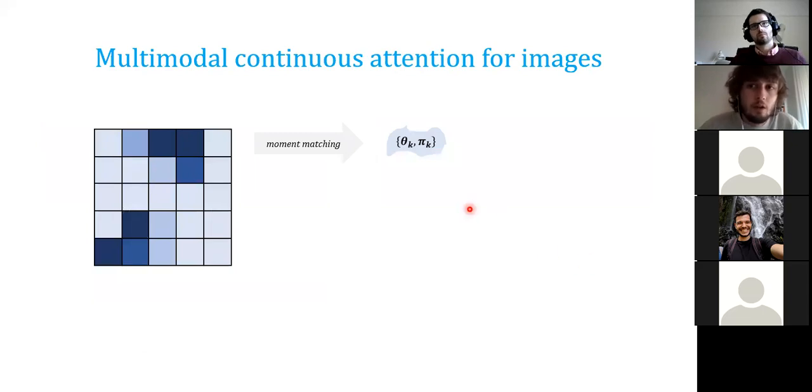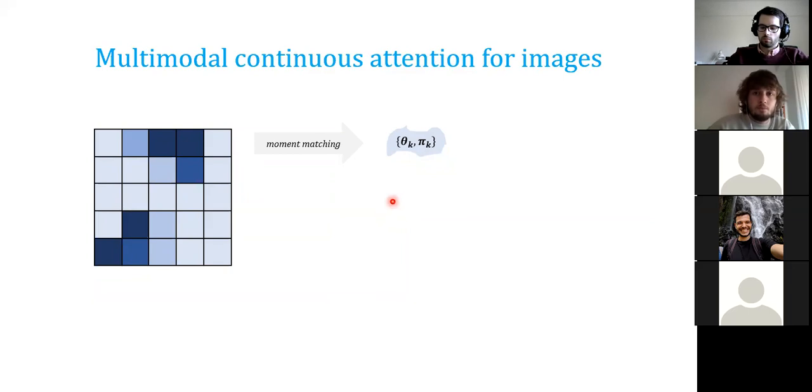Okay, let's now see how we can implement this. So at this point, we have two open questions. First, how can we obtain these parameters, theta and pi, that define the mixture? And second, how can we choose the optimum number of components?